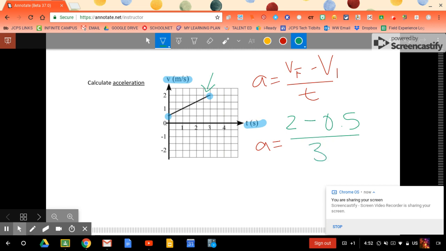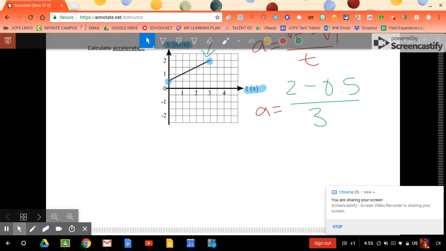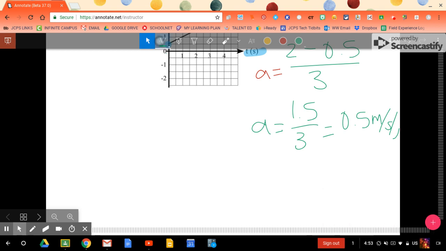So you're going to get acceleration equals 1.5 divided by 3. So your acceleration equals 0.5 meters per second per second. Meters per second per second is also classified as 0.5 meters per second squared.